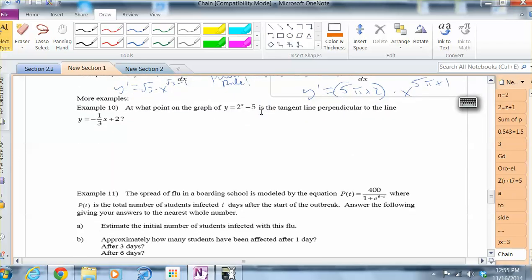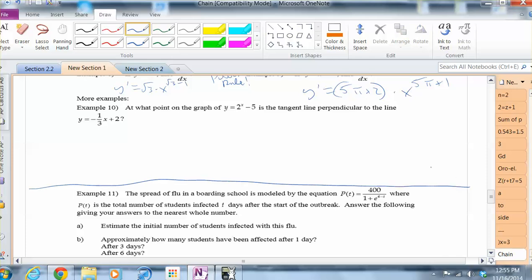Lastly, we'll do example 10, and then we'll pick up example 11 when we meet again as a class. So you have to find at what point this equation has a tangent that's perpendicular to this line. So it means that we want our derivative to equal 3, right? Because to be perpendicular, you want the negative reciprocal.